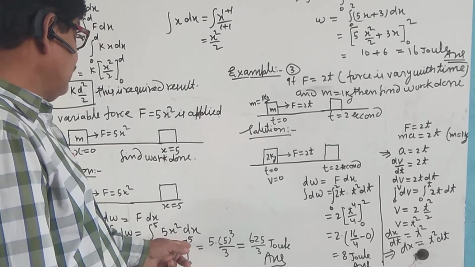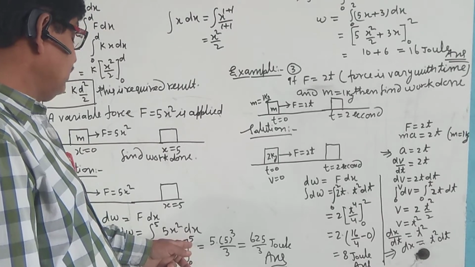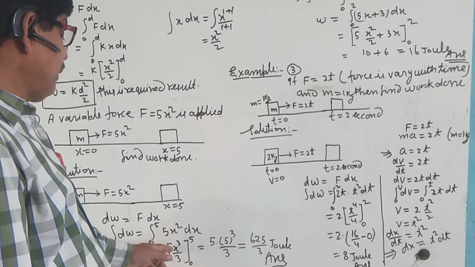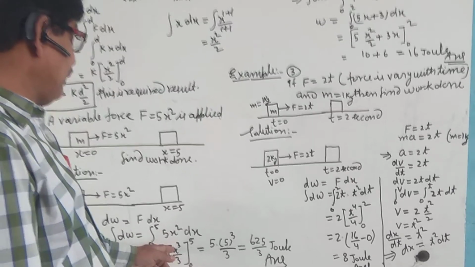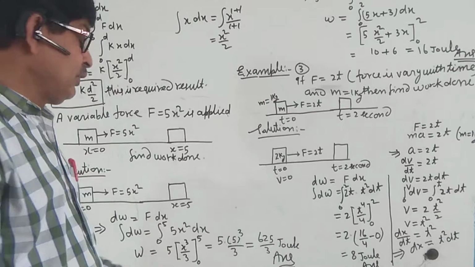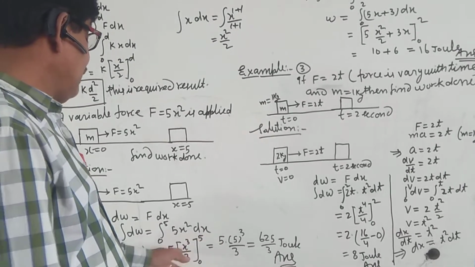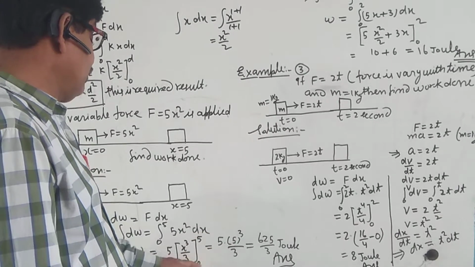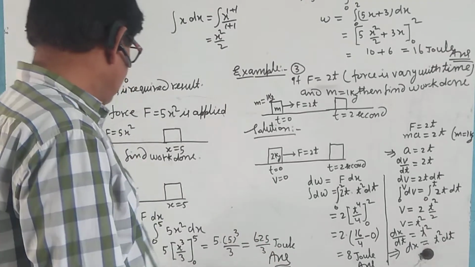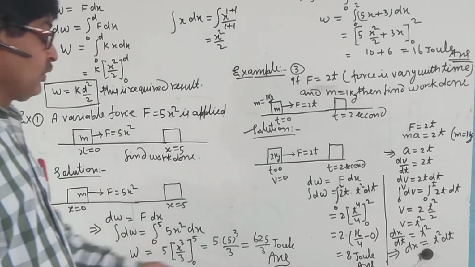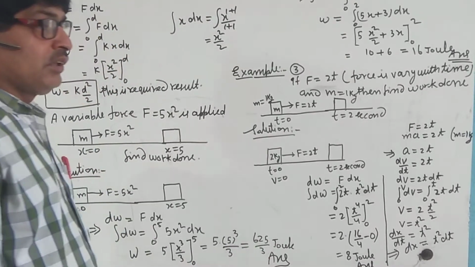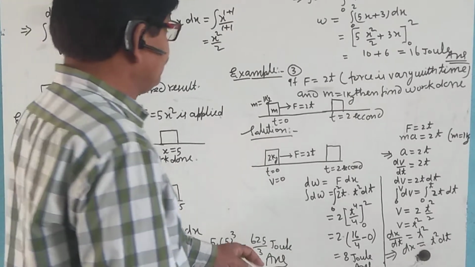Putting x equal to 5, and x equal to 0 gives 0, so 5 into 5 to the power 3 by 3 is 625 by 3. So the total work done is equal to 625 by 3 joule.